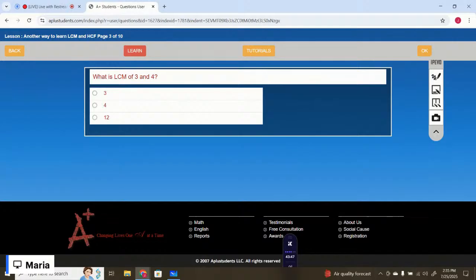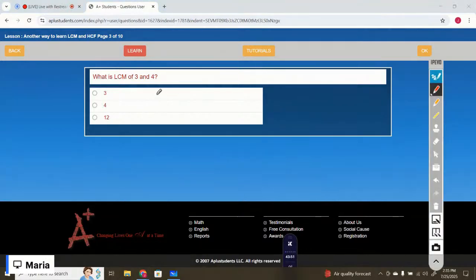What is the LCM of 3 and 4? That is 3, 6, 9, 12. 4, 8, 12.